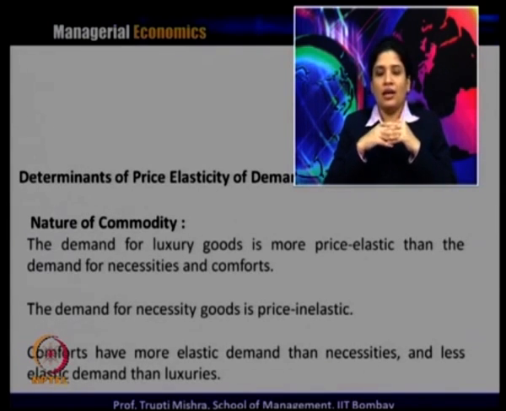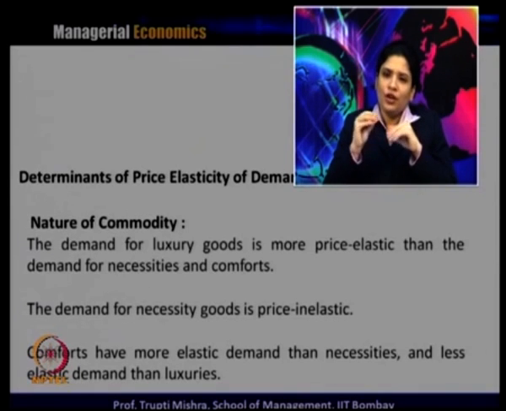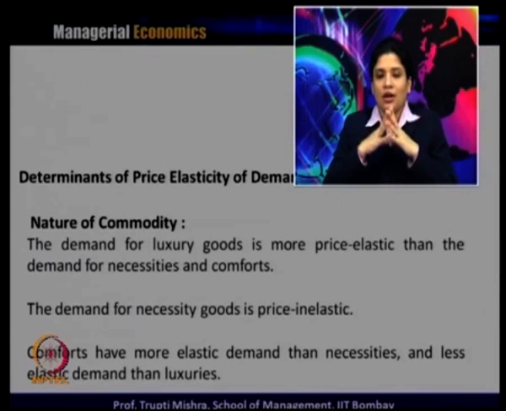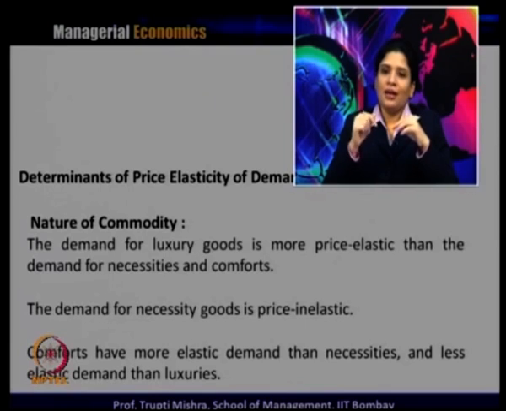Like if you are taking the case of buying a two-wheeler, when there is an increase in the price, maybe you can postpone buying it for a few months, and you can still use public transport. But it is less elastic demand than luxury. You cannot postpone it for 2 years, maybe 3 years, because it gives you comfort.